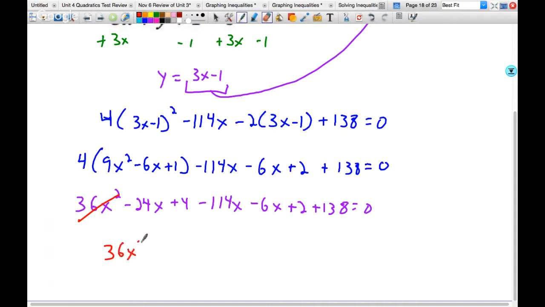So 36x squared minus 24 minus 114 minus 6, that's negative 144x, and then 4 plus 2 plus 138, that gives me a plus 144.